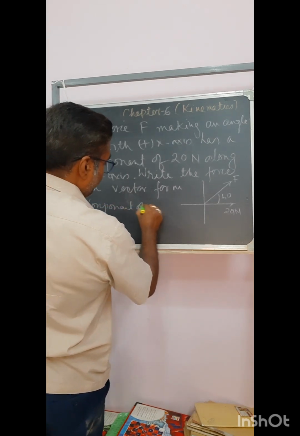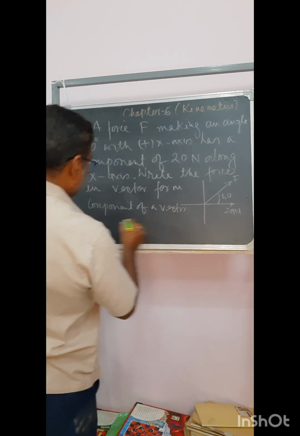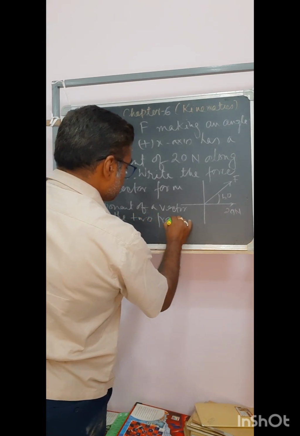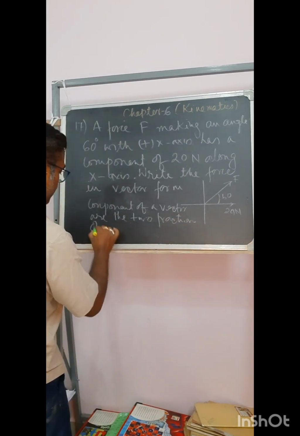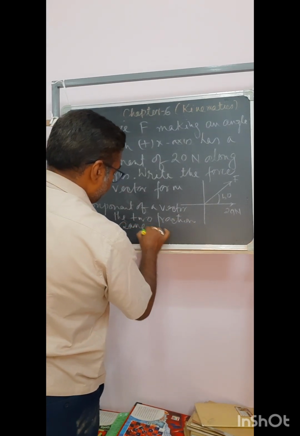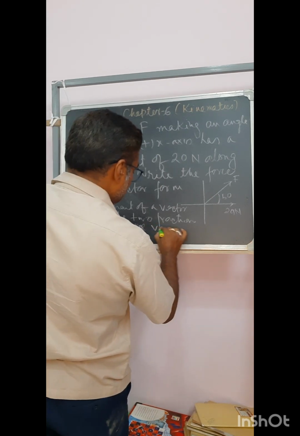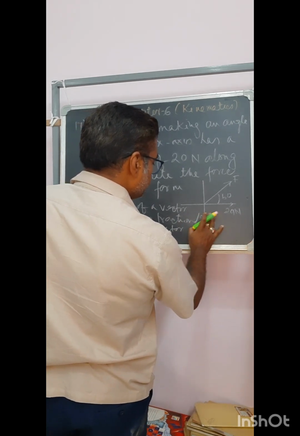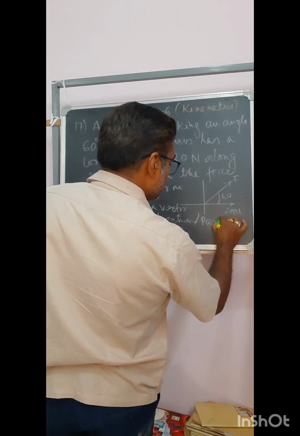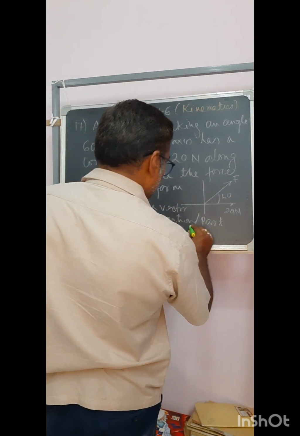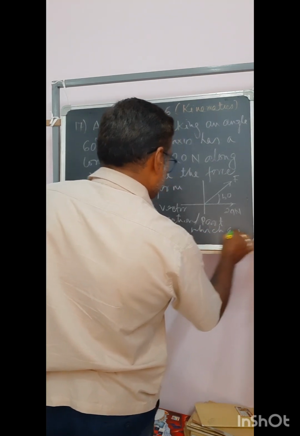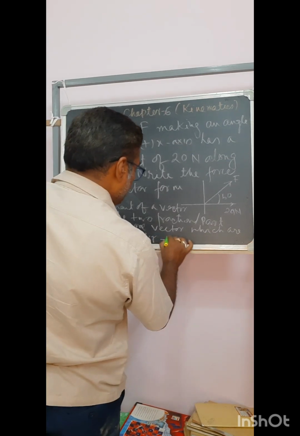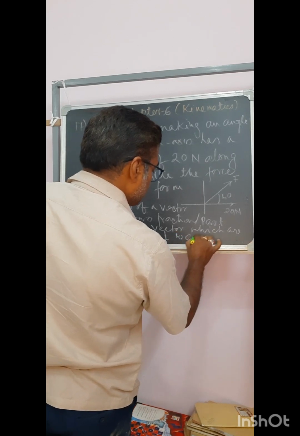Component of a vector are the two fractions of the same vector, two fractions or two parts, you can say, of the same vector which are mutually perpendicular to each other.